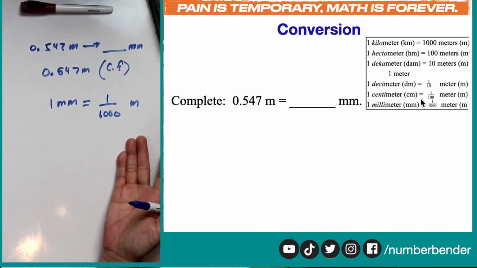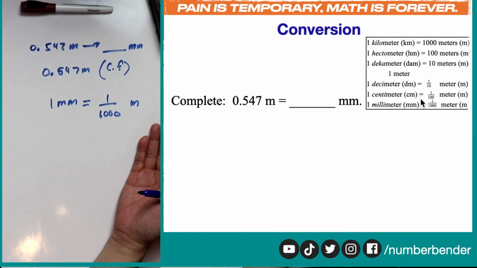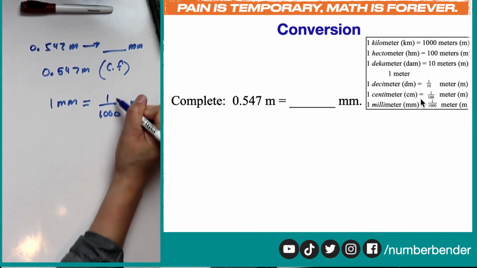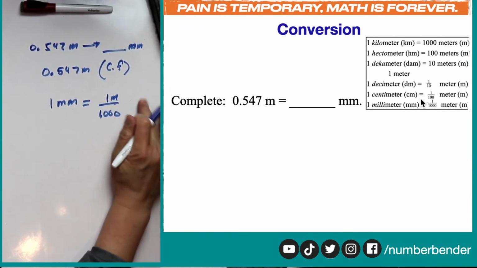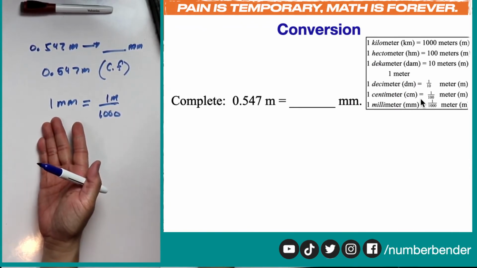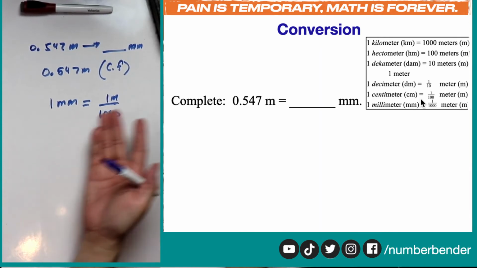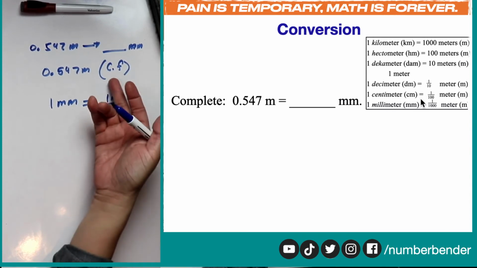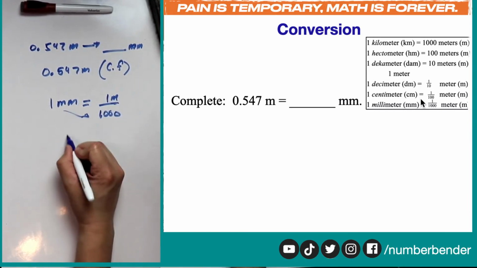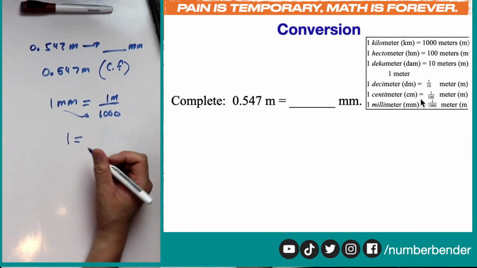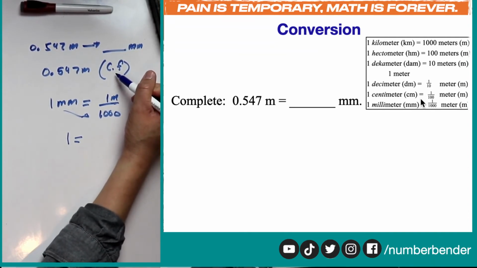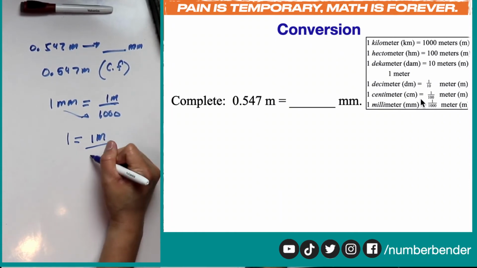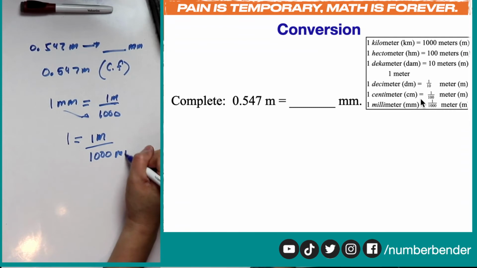To change this into a different form, when we multiply m by 1 over 1,000, m will be placed into our numerator, and now we have 1 mm is equal to 1 meter over 1,000. Since we need a conversion factor of 1, let's cross multiply, and now we are able to produce our 1, which will replace our conversion factor here, which is equal to 1 meter over 1,000 millimeters.